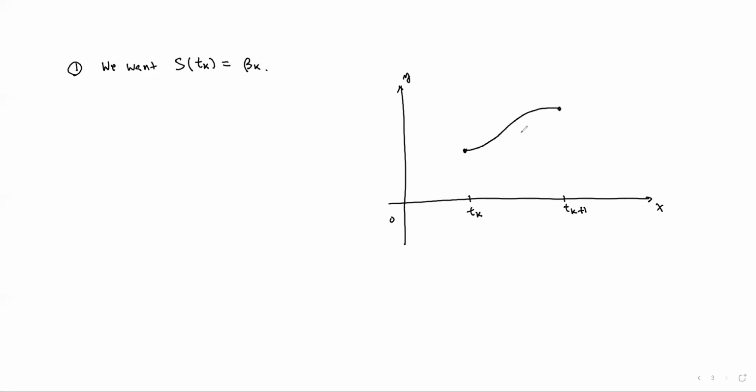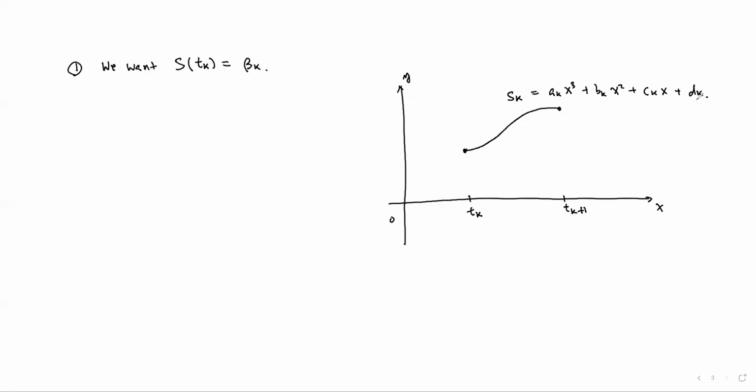Let me give a name to this portion of the graph of S, corresponding to the interval from t_k to t_(k+1). Say S_k. S_k is a polynomial: a_k x cubed plus b_k x squared plus c_k x plus d_k.